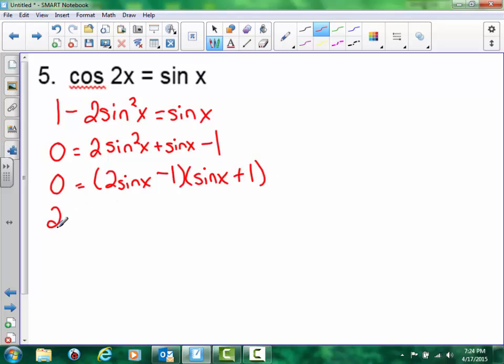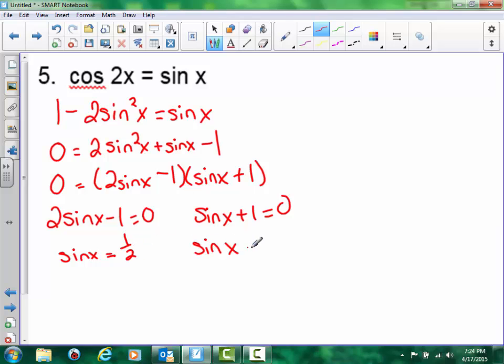So we know that 2 sine x minus 1 equals 0 and sine x plus 1 equals 0. So sine x equals 1/2. Sine x equals -1. We've already seen earlier that sine of theta on the unit circle at 1/2 occurs at pi over 6 and 5 pi over 6.